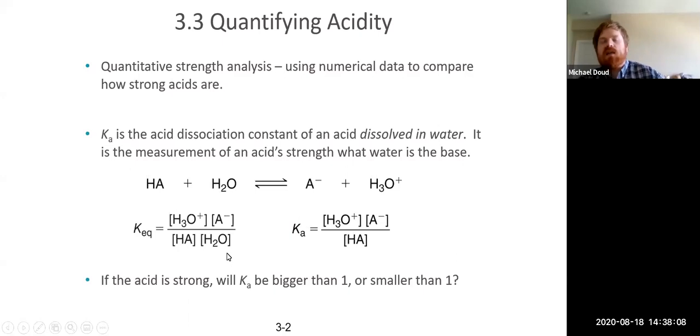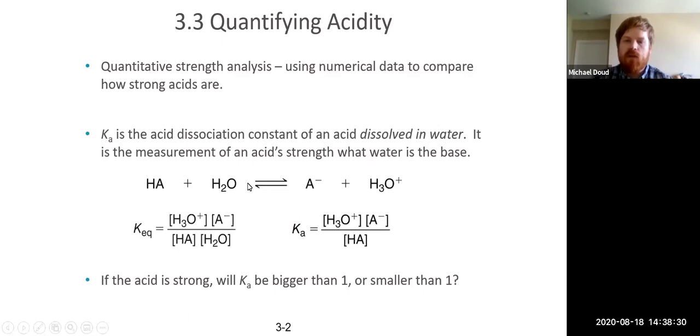So as a thought exercise, think to yourself, if the acid is strong, will the Ka be bigger than 1 or smaller than 1? So try to think it through. And of course, the stronger the acid is going to be, the more the products will be favored at equilibrium. In other words, we're going to have more on the right-hand side of the equation than on the left-hand side.